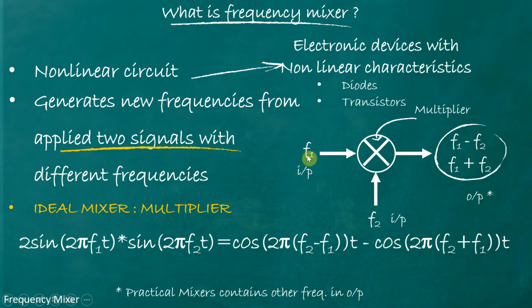So if we multiply sin omega 1t and sin omega 2t, it results in f1 minus f2 and f1 plus f2, or omega 1 minus omega 2 and omega 1 plus omega 2, right? So these sum and difference components will be generated by mixer circuits. This is the ideal frequency mixer circuit.